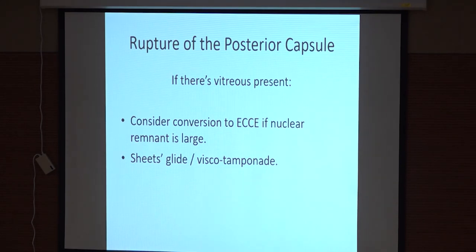But if a part of the nucleus is there, you can actually push the vitreous back with viscoelastic and remove it over a sheet slide or what is known as an IOL scaffold. You can put a 3-piece IOL behind those nuclear fragments into the sulcus and then do a gentle phacoemulsification for those fragments in front of the IOL.